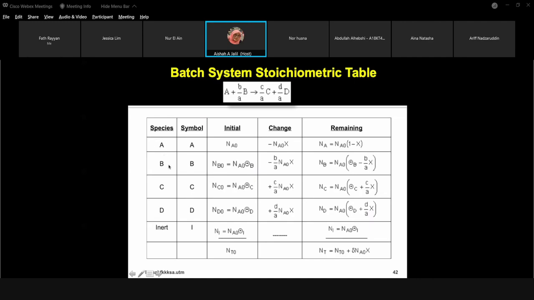If the reaction is like this, A plus B to C plus D, I think you do not need to write it. But if the question is for example NO plus O2 to NO2, then you have to write here NO, here O2, here NO2. That's why we have species and symbol.